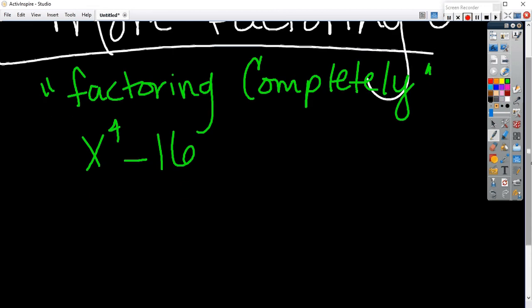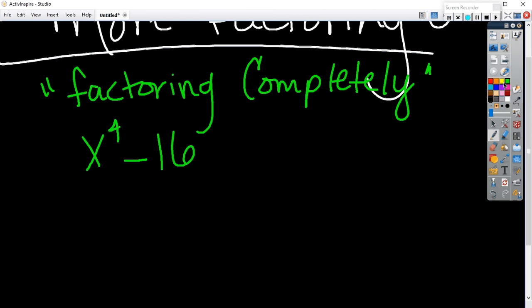Trinomial means three pieces. These are both perfect squares. How many squares do you see? You're right. Two. What sign's in the middle? What's another word for subtraction? Or what's another difference? I have a difference of two squares.